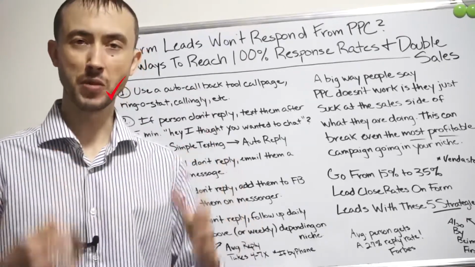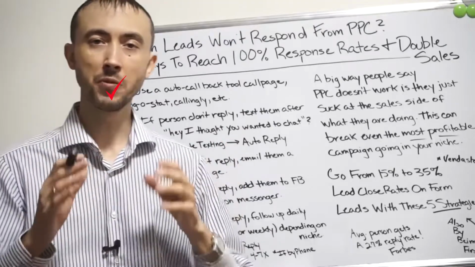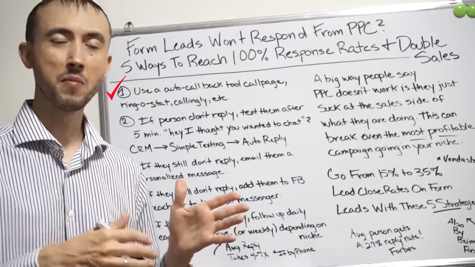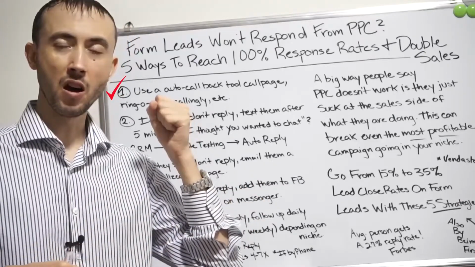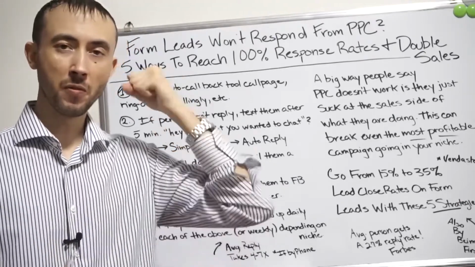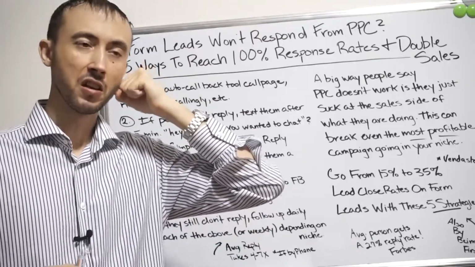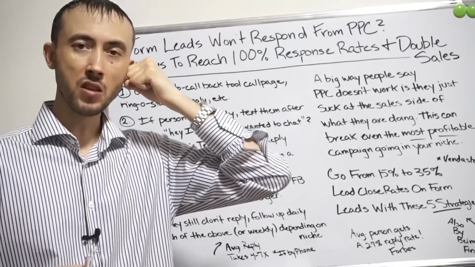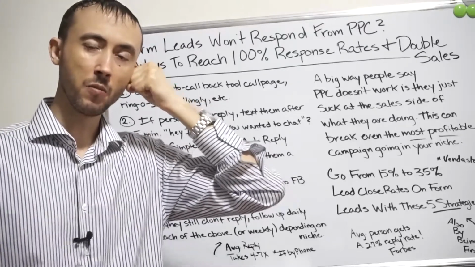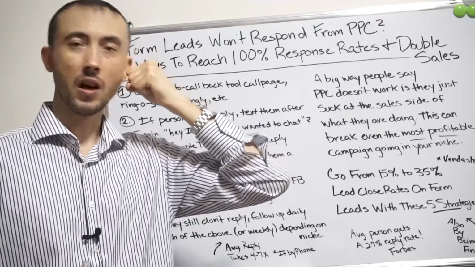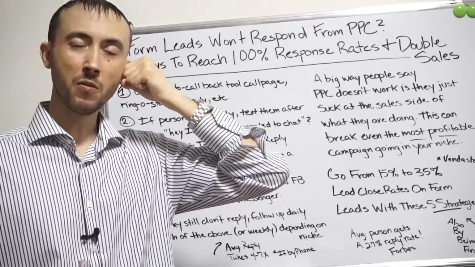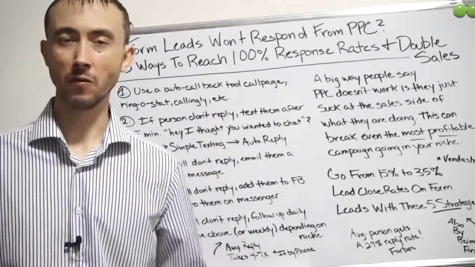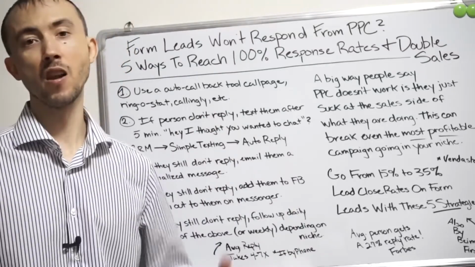You install it on your website, and when somebody fills out a contact form, right away your salesperson or your sales department will get a call, and it'll be a robot that says, right when you pick up the phone, instead of hearing the person talking, it'll say, Joe Smith from XYZ Corp just filled out the contact form on the landing page. Would you like to give Joe Smith a call? If so, press 1. And obviously if they're busy, you don't have to do anything. You can just ignore it, like if they're on another sales call.